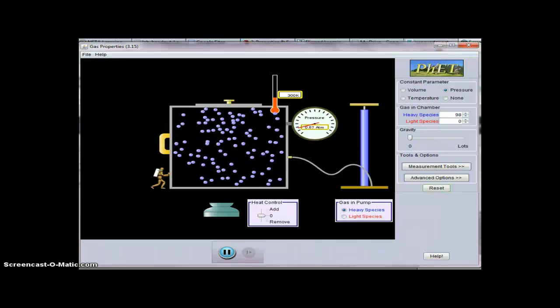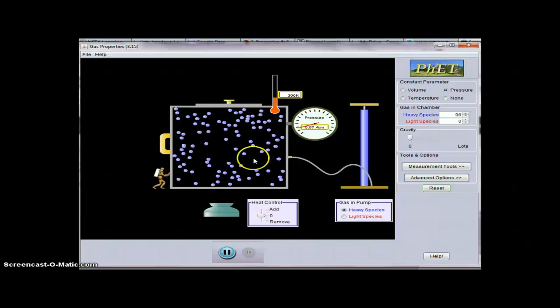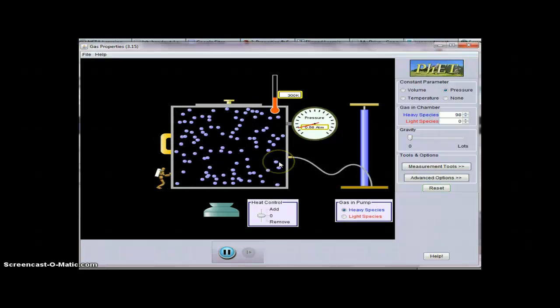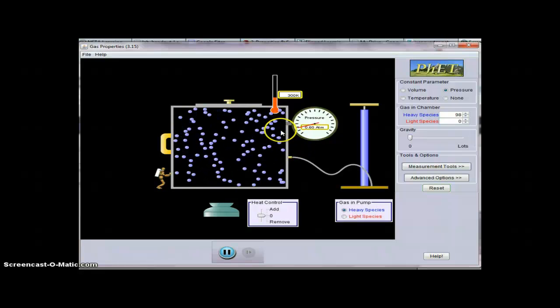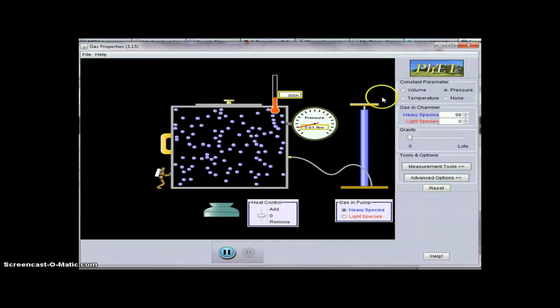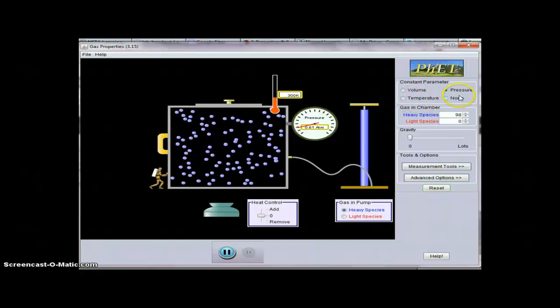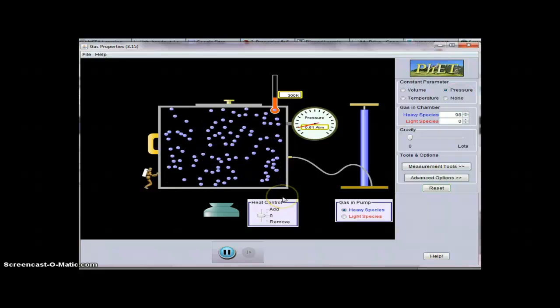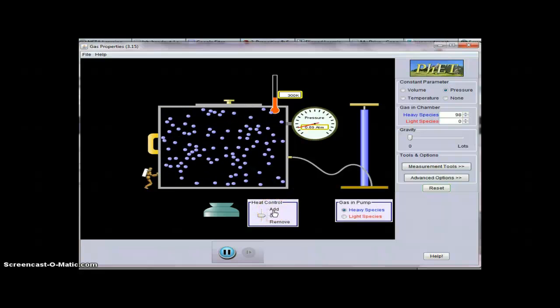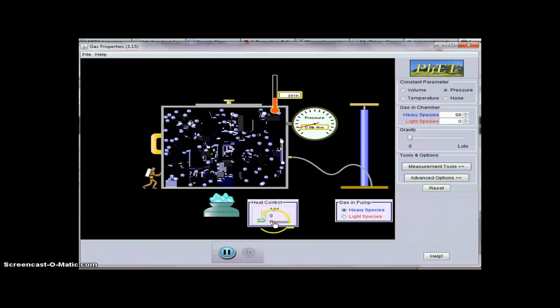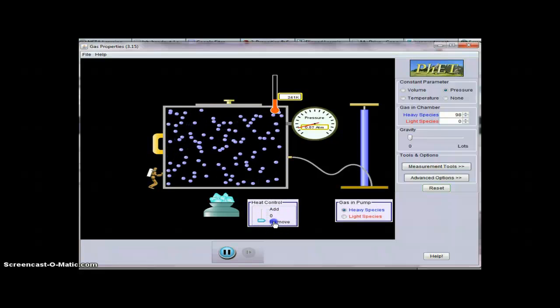Here we see the molecular level view of gas particles in a box, and to talk about Charles' law, which talks about the relationship between volume and temperature, we'd need to hold the pressure constant. So in order to talk about these, let's lower the temperature and see what happens to the volume of the box.